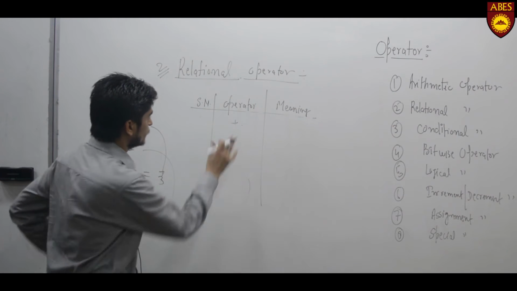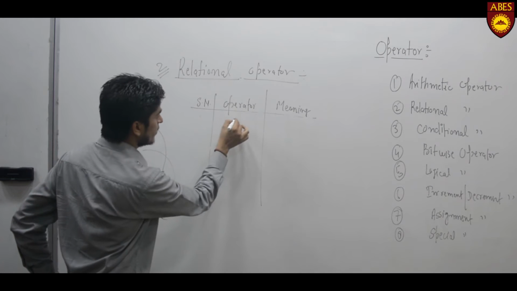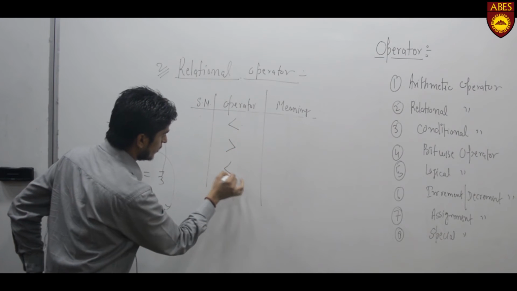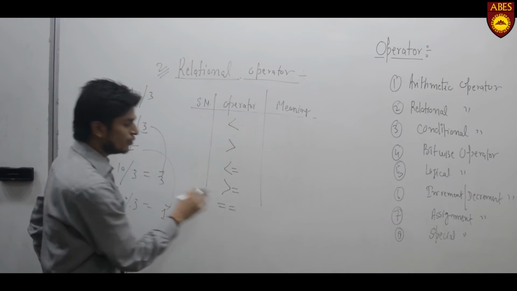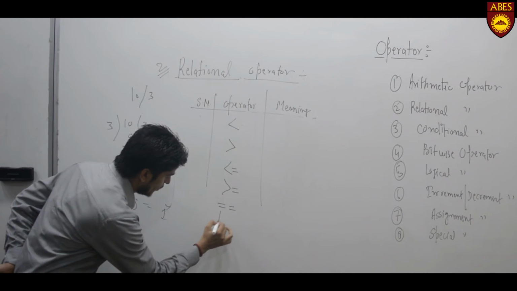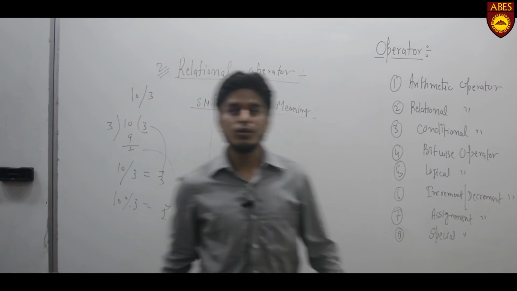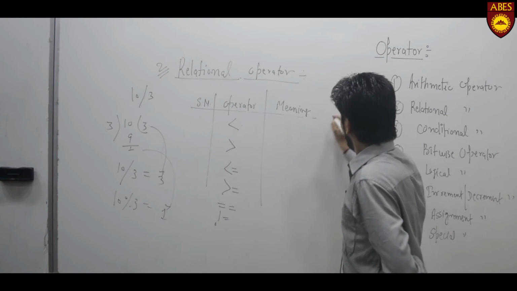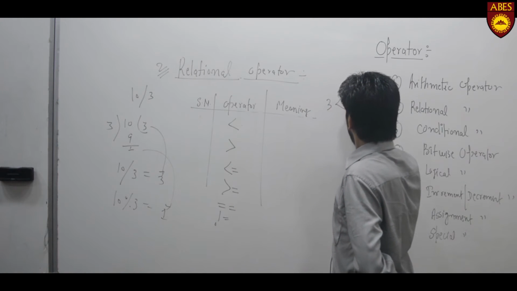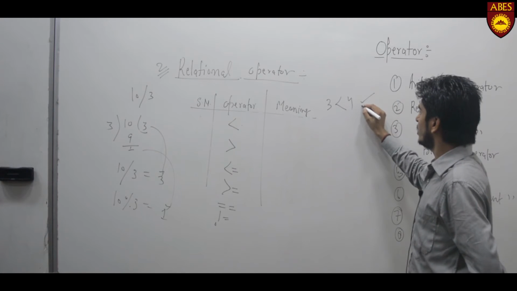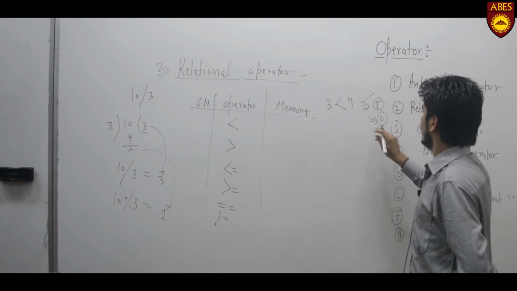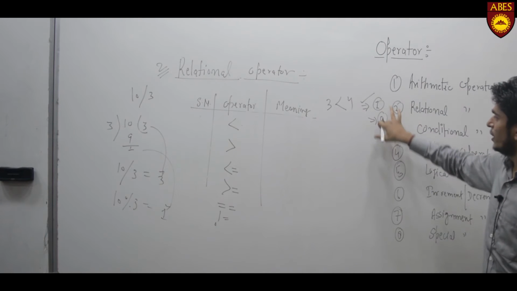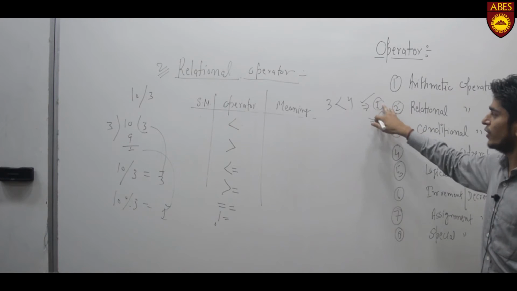That is, the relational operators are less than, greater than, less than equal to, greater than equal to, and equal to, double equal, and not equal to. It produces two results. If the calculation is right, then it produces 1, otherwise 0. In the case of false, it produces 0. In the case of true, it produces 1.